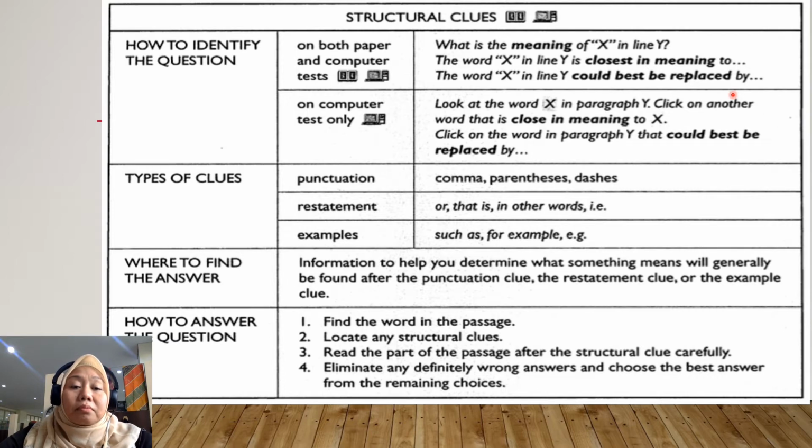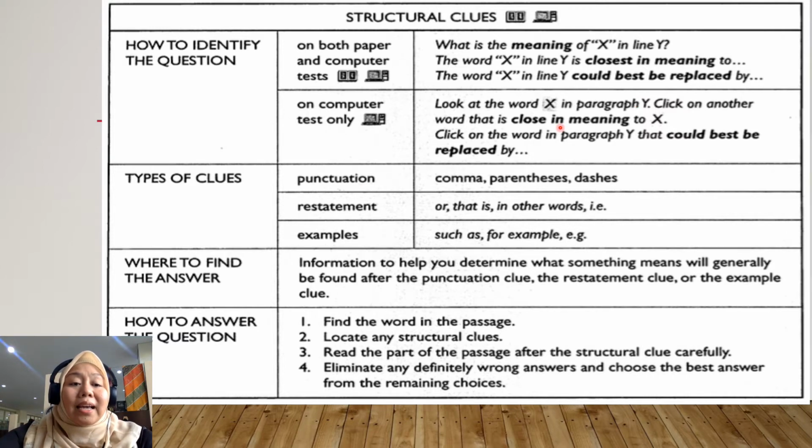Or it will be, the word X in line Y is closest in meaning to, or another alternative question will be, the word X in line Y could best be replaced by. So it can be meaning, closest in meaning to, or could be best replaced by.